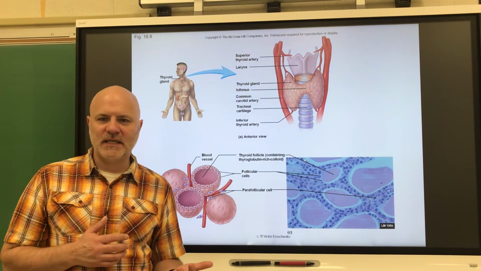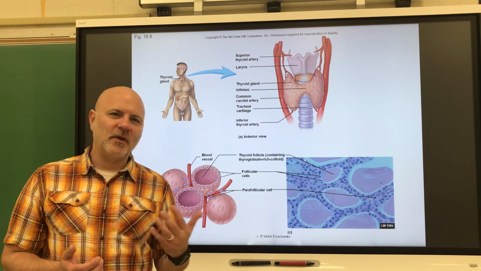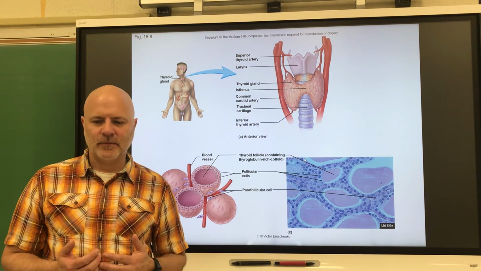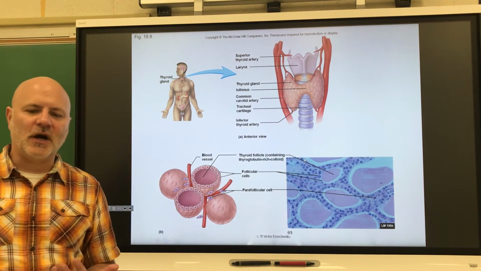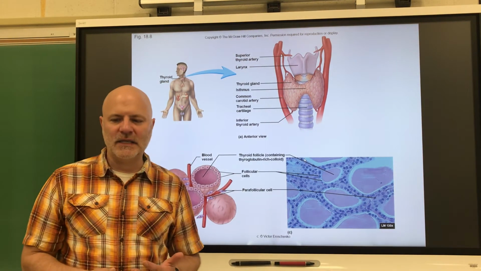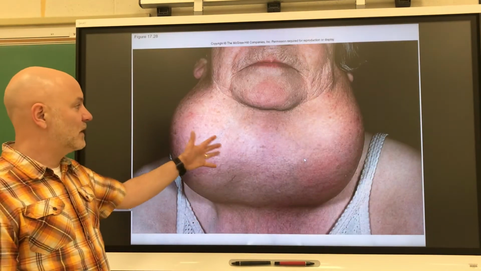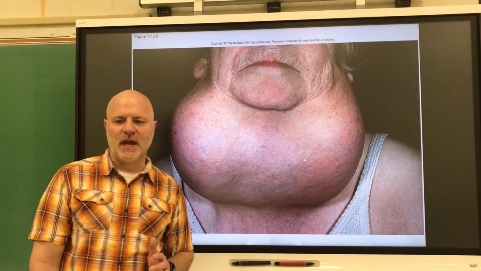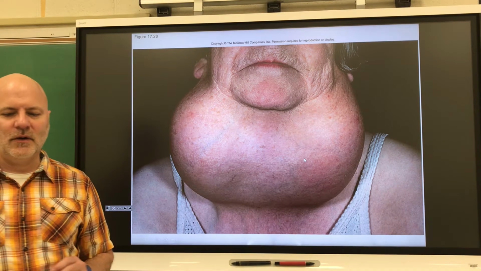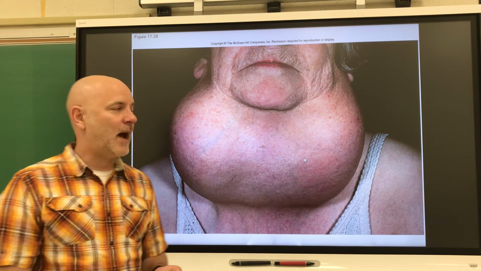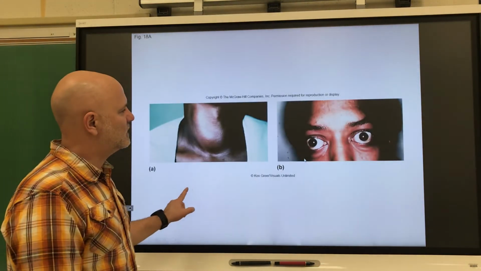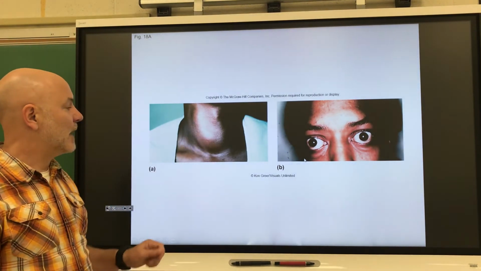They're going to have dry skin, puffy eyes. They're going to be lethargic and mentally sluggish. A lot of times this is caused by just having low iodine in the diet, and this can lead to this, which is a goiter. It's a large thyroid gland. And so the thyroid cells eventually burn out on this. So this person also shows a goiter, not as large.